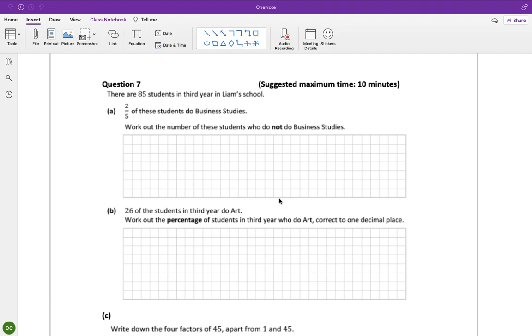So if 2/5 do business, then 3/5 do not do business, and I'm looking for the 3/5. So we do 3/5 multiplied by 85.